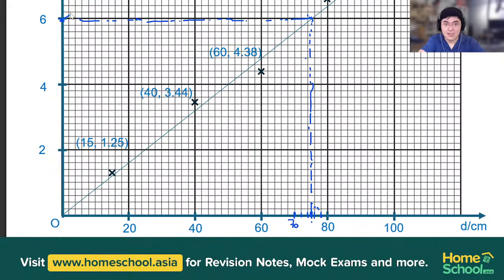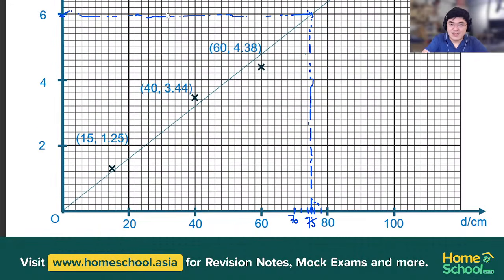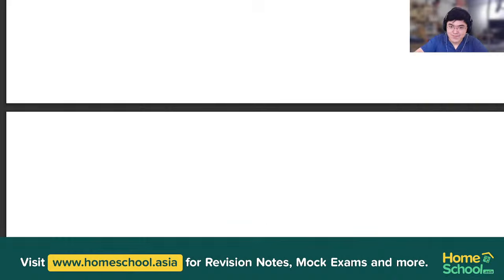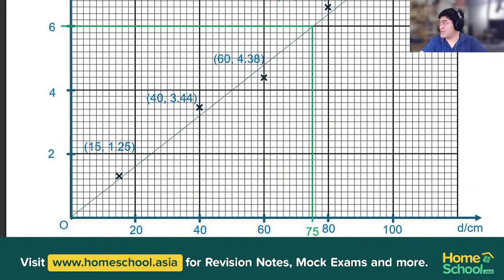All right. So we have the values right here. When the value of d is 75, the value of r over here is 6.00. Of course, when you draw this properly, you get something like this. Take the green line as the dotted line you want to see.